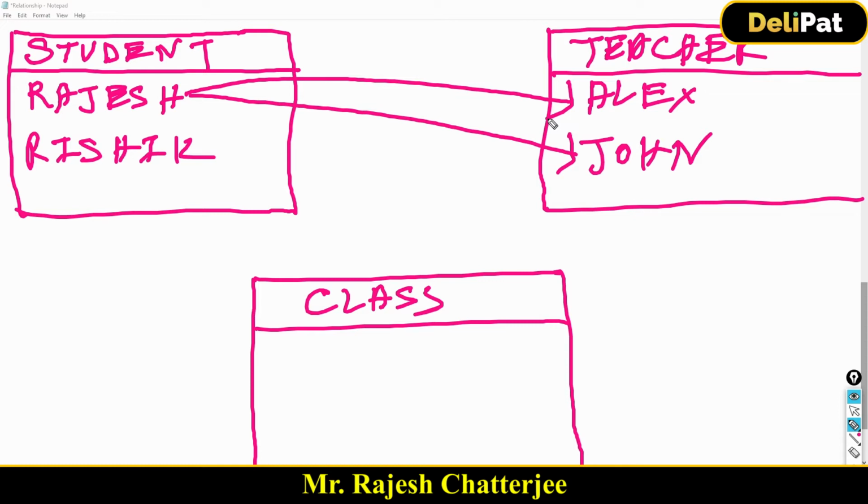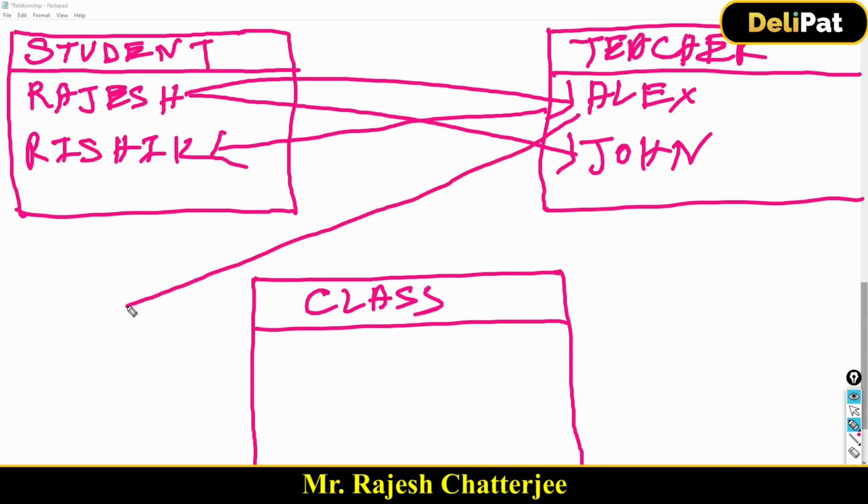So the same Rajesh, the same student, can take lessons from multiple teachers. On the other hand, Alex as a teacher can teach Rishik also. Yes, Alex as a teacher can teach Rajesh as well.